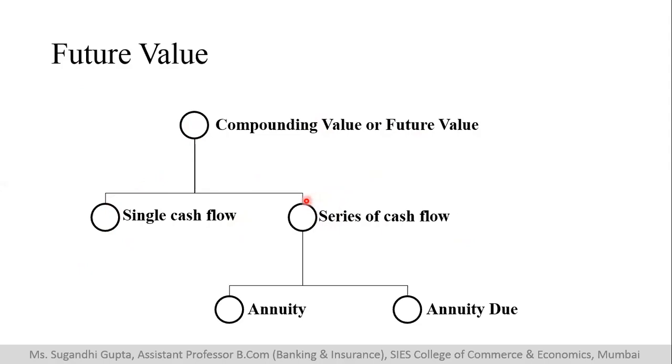To make the point clear, single cash flow can be considered like a fixed deposit. You invest your lump sum amount of money into the bank, and you wait till maturity and get your money. Whereas a series of cash flows is like a recurring deposit investment being made, so you make the investment again and again after a particular period of time.